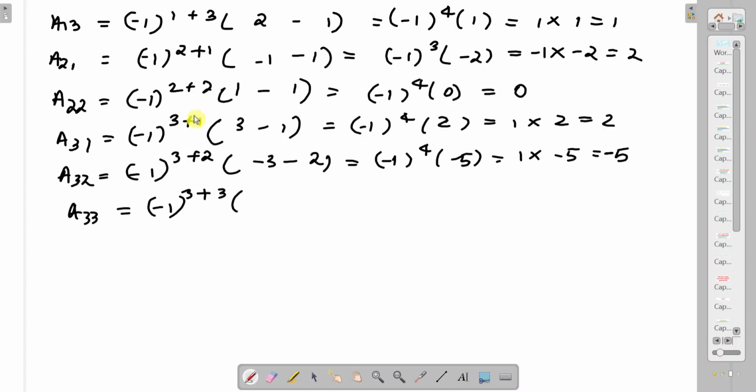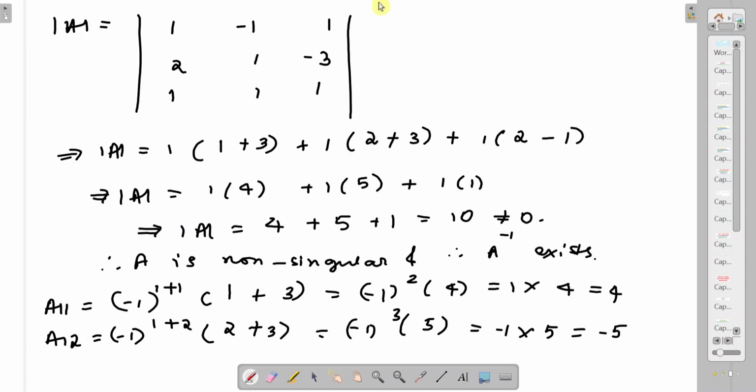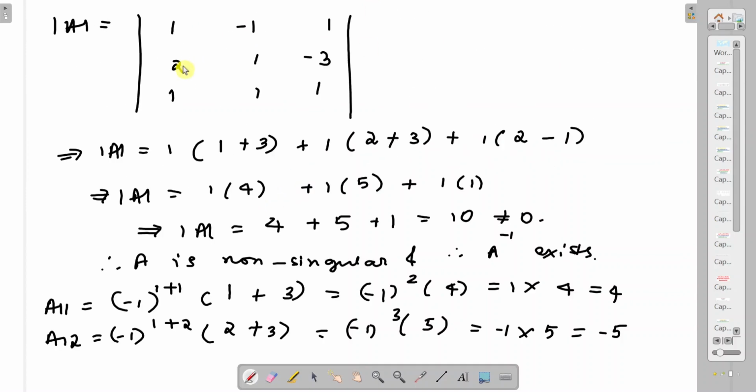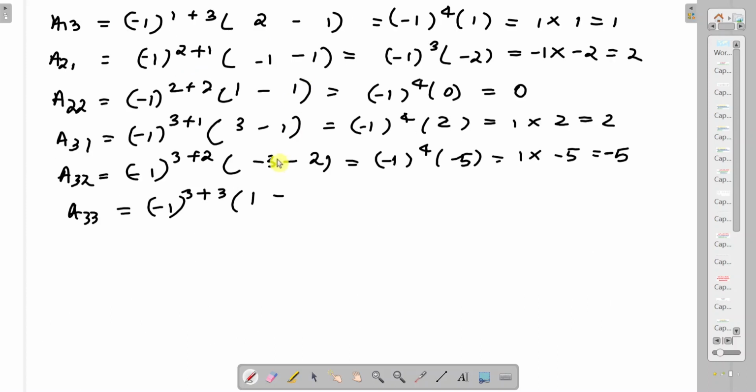Now we have to hide the third row, third column. So 1 times 1 is 1, minus of 2 times minus 1 is minus 2, but minus minus is plus, so we will get minus 1 raised to 6 multiplied by 3, which is 1 times 3, which is 3.